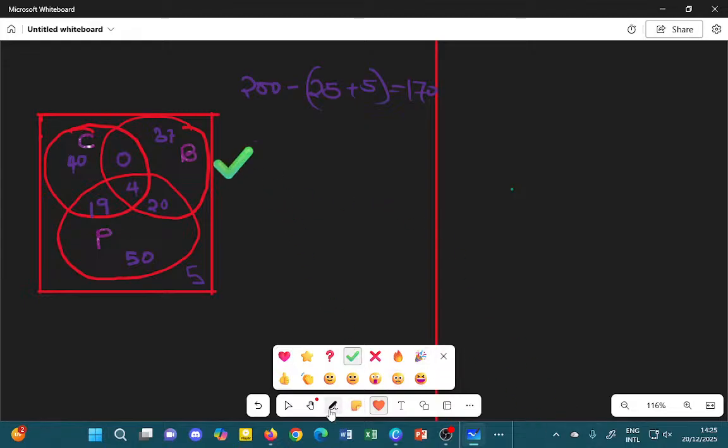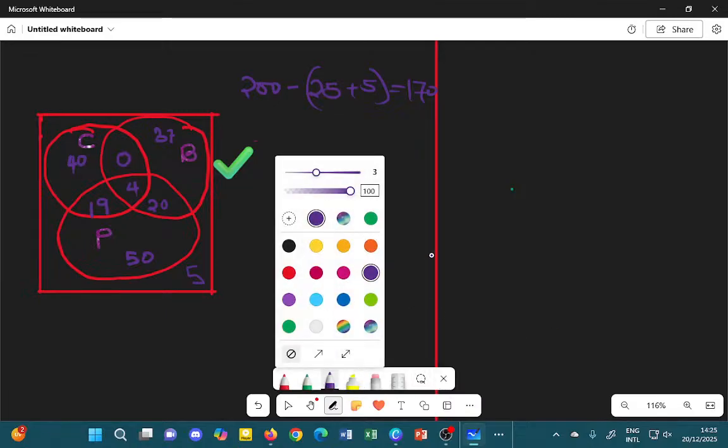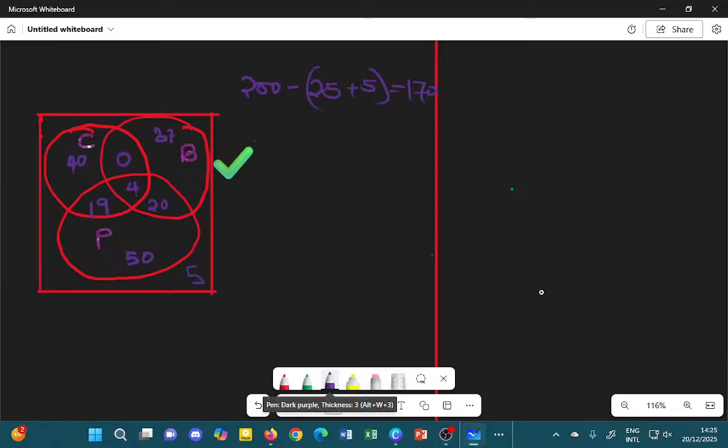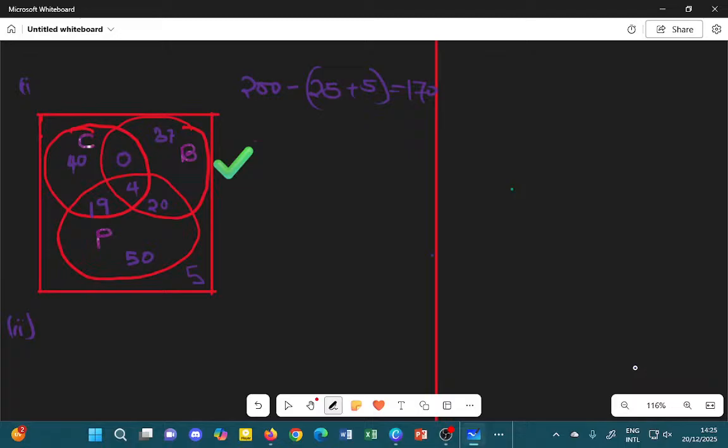So we are moving to the next task, that of finding the number of persons that liked all the 3 attributes. So this is now Roman 2. This was Roman 1.